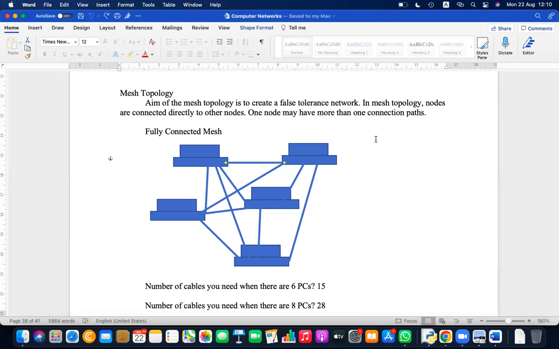These are basically used in military networks, because they need a strong kind of network, as they are the ones affected mostly by security issues.